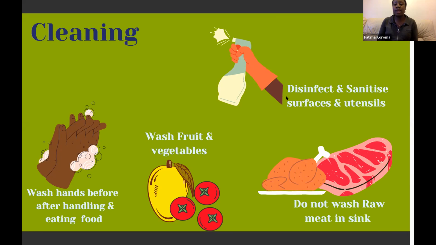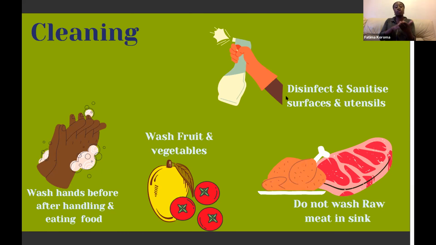The other highly important thing is to understand which chemical we use to clean our surfaces and the utensils we use, like knives and chopping boards. We should use disinfectant, because normal soap doesn't kill the bacteria, but disinfectant and sanitizer do. The method we use for sanitizing has 2 steps. First, clean with the sanitizer, and then leave it there for some time.